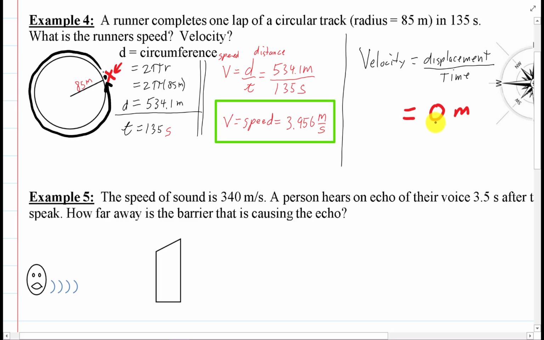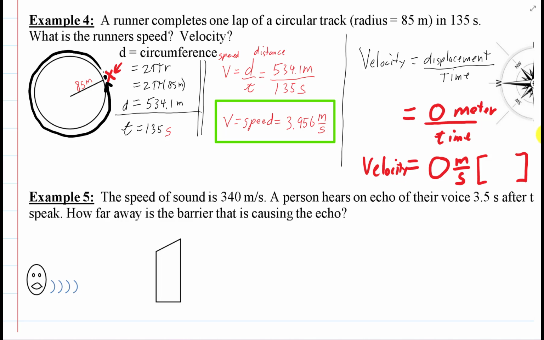You might have traveled, but your displacement is 0. So we'll still do it over the time, but 0 meters will give us a velocity of 0 meters per second. Actually, 0 meters per second is 0 kilometers per hour. And even though it's a velocity and you need a direction, an arrow of 0 length can have any direction and it would be right.